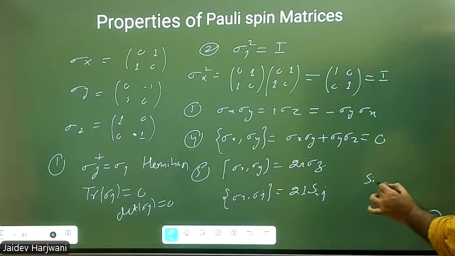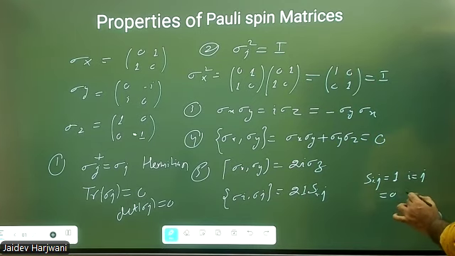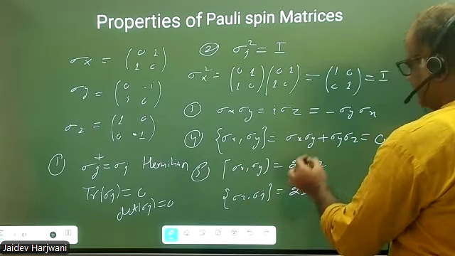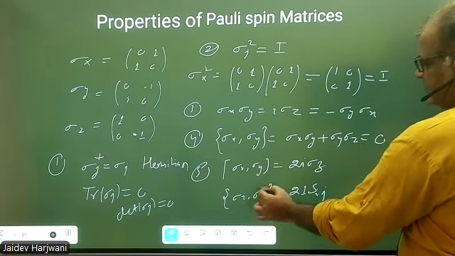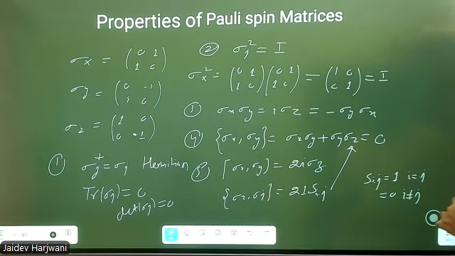Delta ij will be 1 if i equals j, and it will be 0 if i is not equal to j. And if they are not equal, then this will become 0.